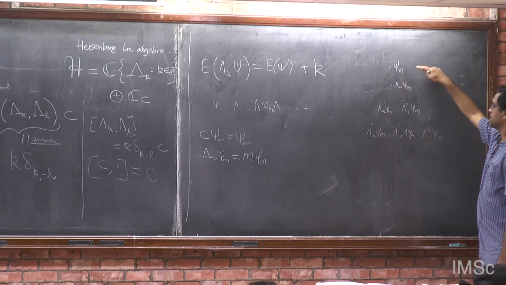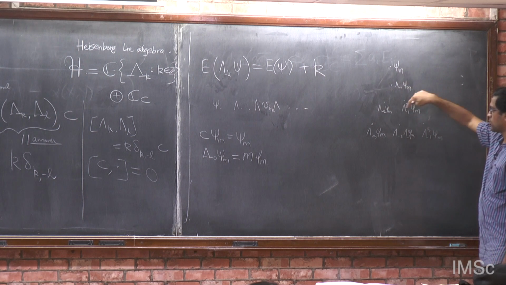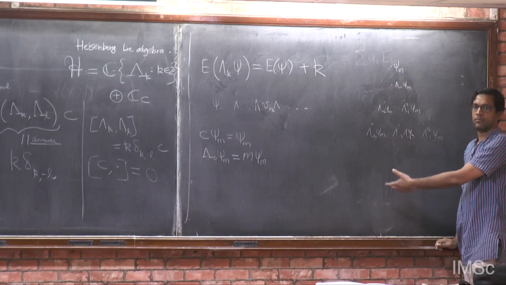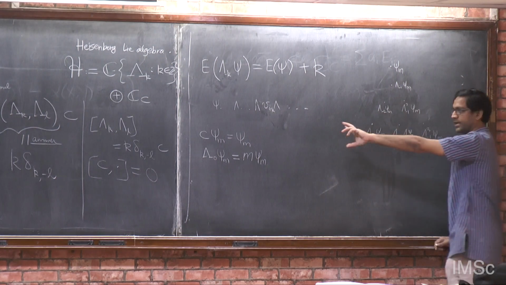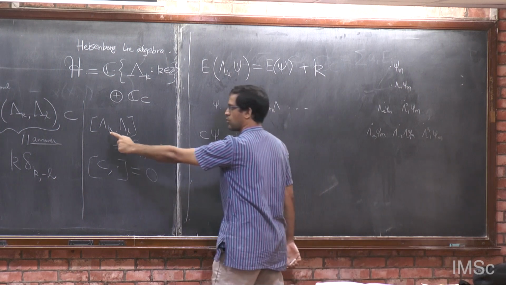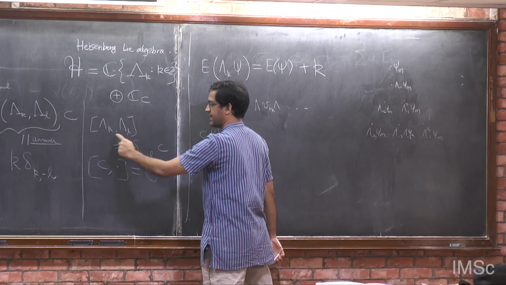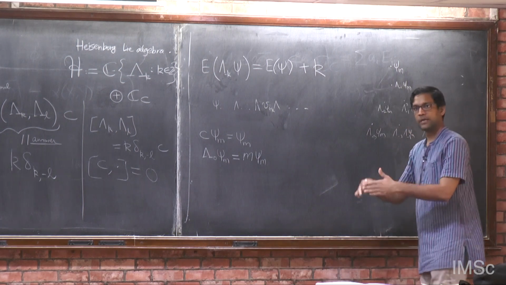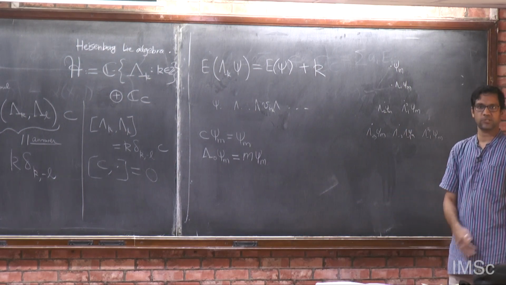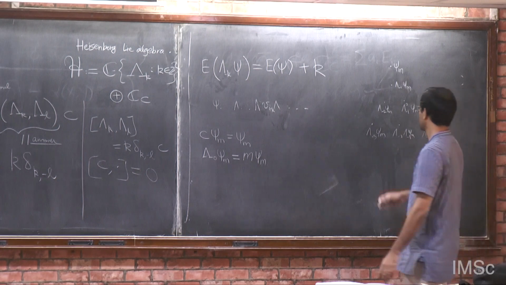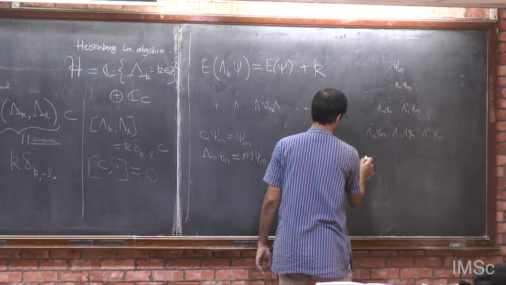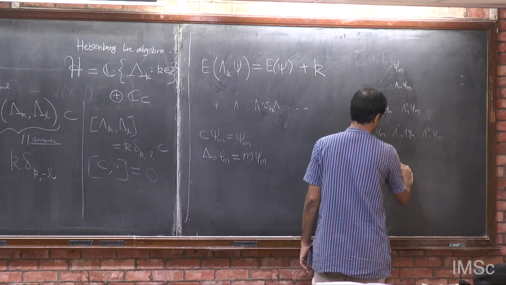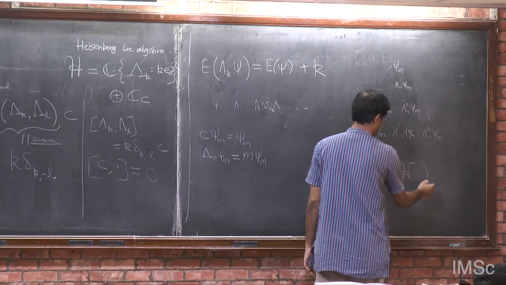So what are we doing? We're just acting by the negative modes. The point is these negative modes all mutually commute, because the only commutation relation is between a certain mode and its negative. So k and l have to be opposite signs for you to get a non-zero commutator. So if you take only the negative modes, they all commute with each other. They form a commutative subalgebra. So this is isomorphic to what's called the symmetric algebra of the negative portion of the Heisenberg algebra.